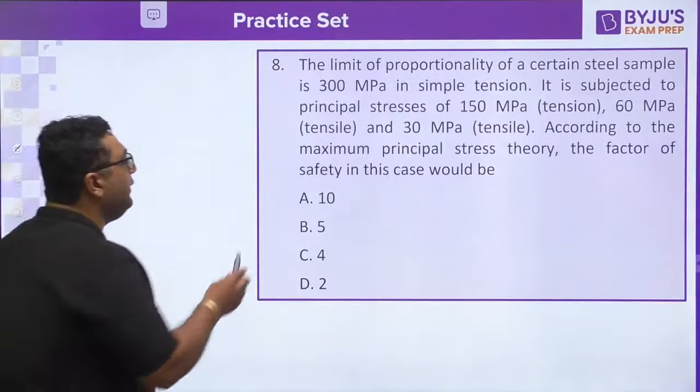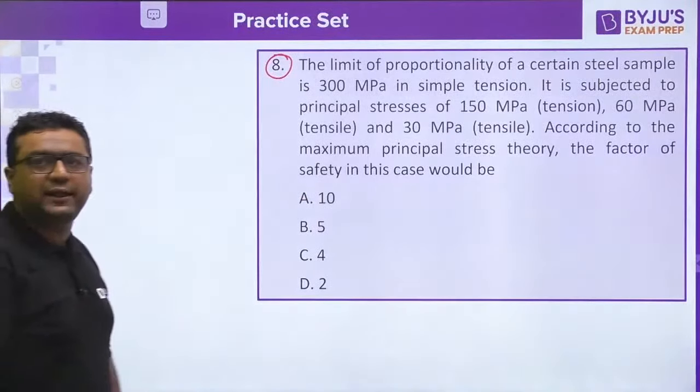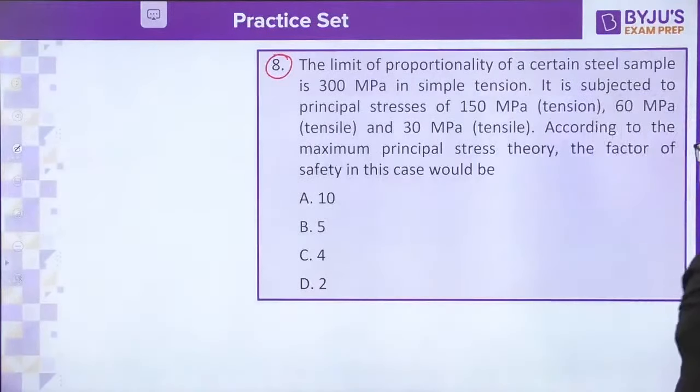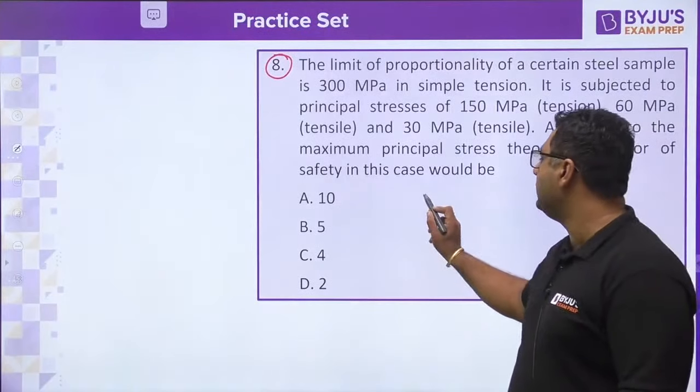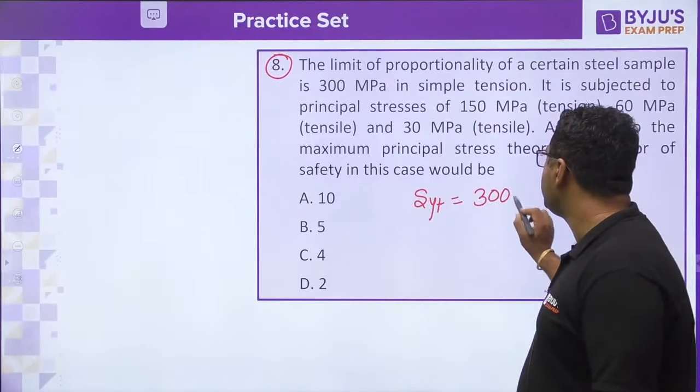Fine. Question number 8. My dear, now it is from theory of failure. The limit of proportionality of a certain steel sample is 300 MPa. So my dear, SYT is 300 MPa.